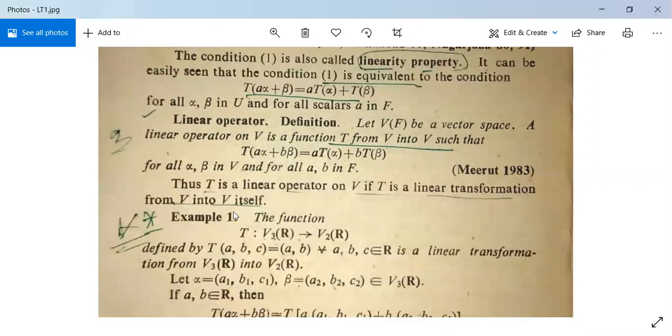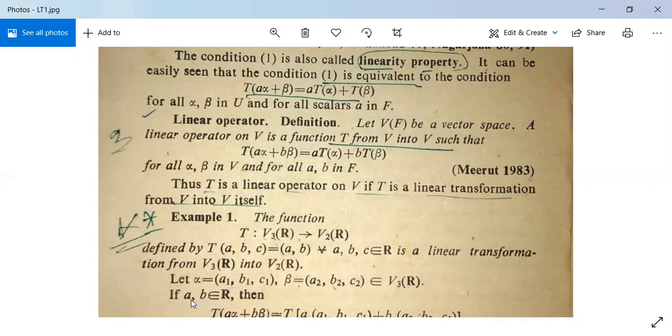See the example: the function T from V3(R) to V2(R), these are two different vector spaces, defined by T(a, b, c) = (a, b) for all a, b, c in R, is a linear transformation from V3 into V2. See its solution. Let α = (a1, b1, c1) and β = (a2, b2, c2) belong to V3(R).